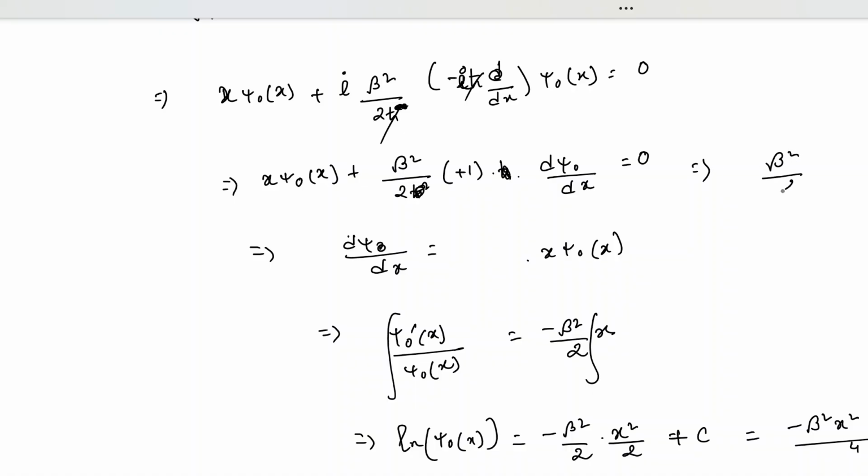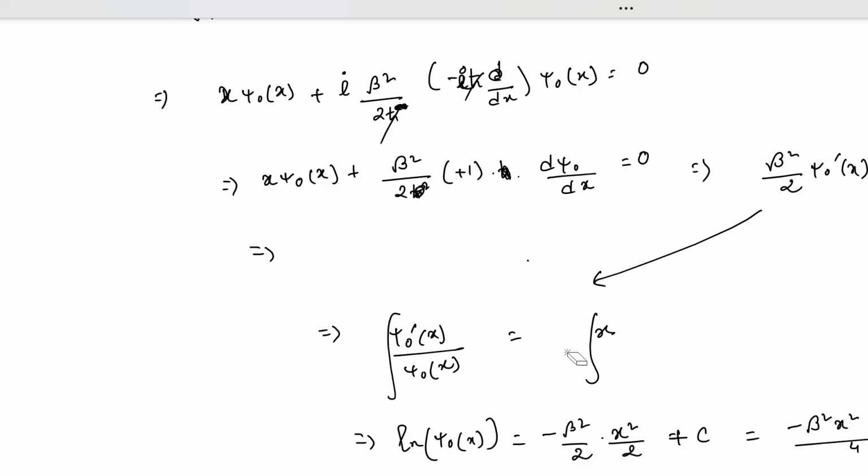So beta squared by 2 psi naught prime x equal to x psi naught x. So from here you can directly write down that psi naught prime x by psi naught x equal to, here I made a mistake, the prefactor will have a minus sign, minus 2 by beta squared x.